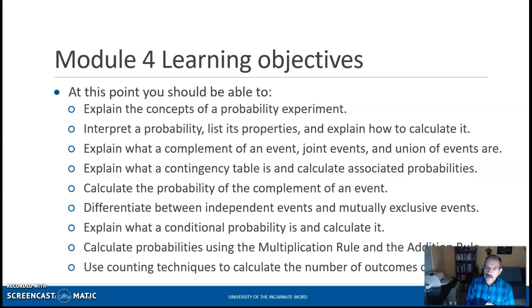Differentiate between independent events and mutually exclusive events. Explain what a conditional probability is and how it's calculated. And you should be able to use the multiplication and addition rule to calculate probabilities of joint events or the union of events. And finally, you should be able to distinguish between the different techniques to calculate the number of outcomes of an experiment.